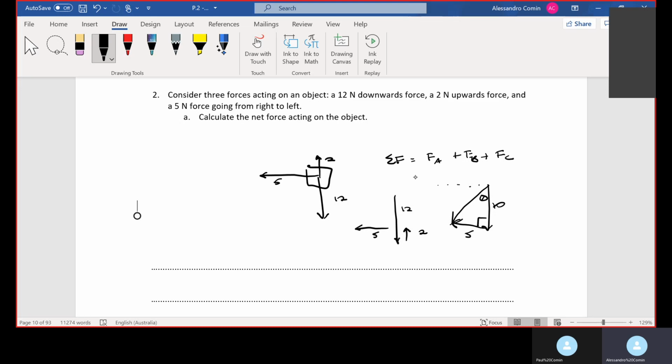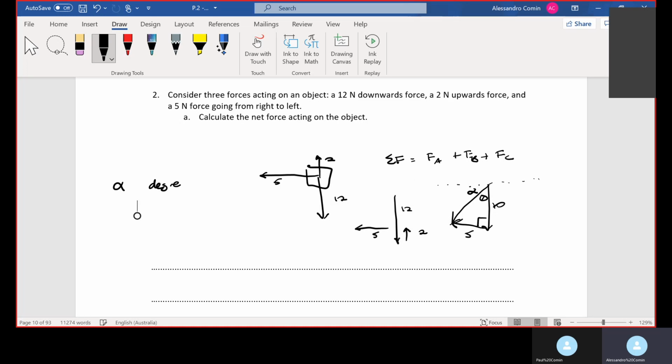So if I say this is the x-axis here, the angle is actually going to be alpha. What I'm saying is that you'll calculate theta, and then you'll do 90 minus theta to get alpha.